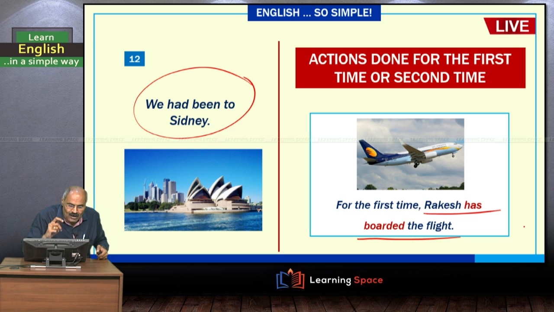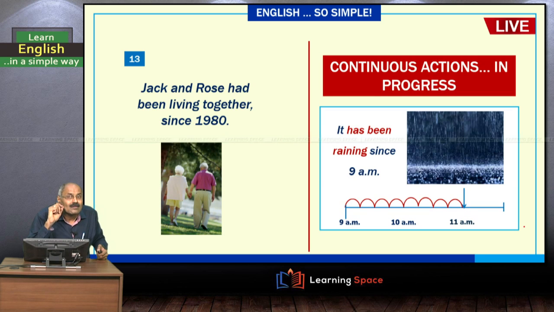Then it has to be "we have been to Sydney" instead of "we had been to Sydney", because some past linkage is not there. Maybe for the first time, no timeline is given, no link is there.